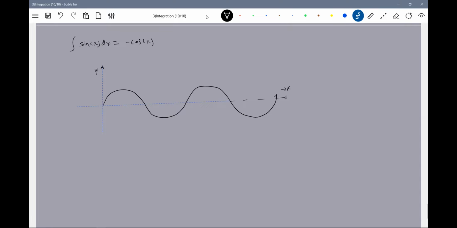Okay, finally, next we'll go for some other functions. So integral of sin x dx will become minus cos x with certain limits. Again, we know the sin x graph, from plus 1 to minus 1.